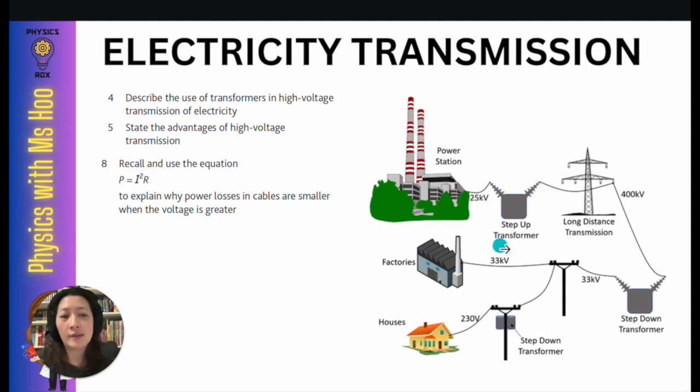So these are the uses of transformers in the transmission of electricity. Step-up transformer to increase the voltage for long distance transmission, and then step down to lower voltages for the uses of consumers. The reason why we use high voltage for transmission is because we need to reduce power loss.